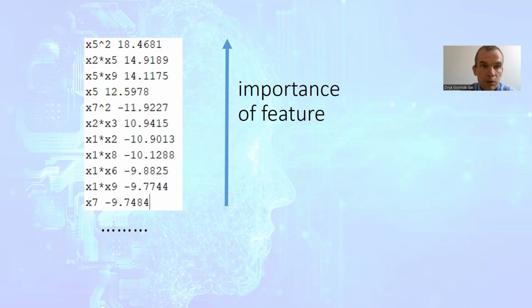In this case, we see that x5 squared is the most important feature. For example, x5 without the second degree is in the fourth position. x7 has position 11. So we see that in this way we can engineer new features.